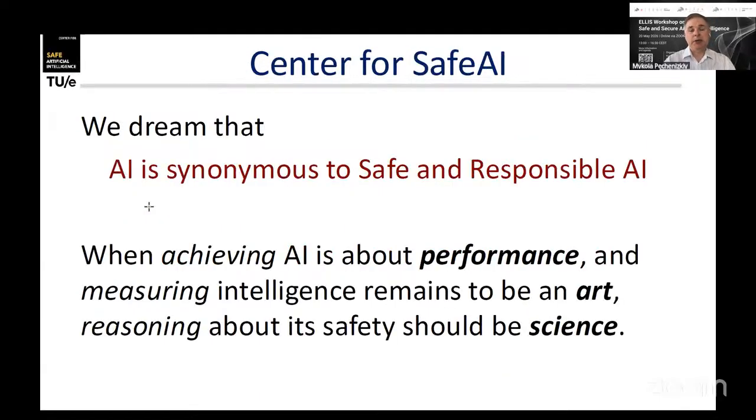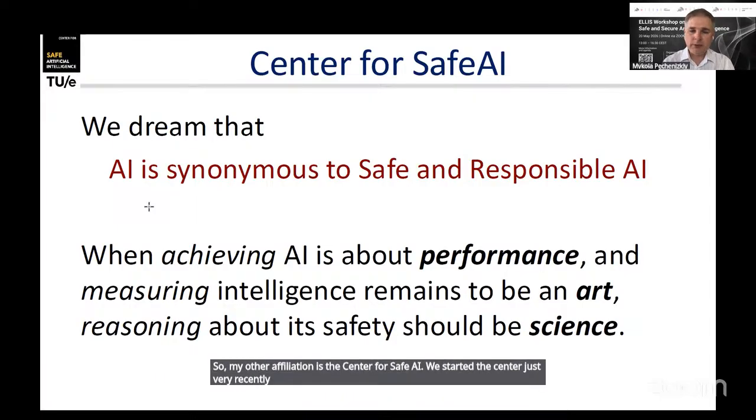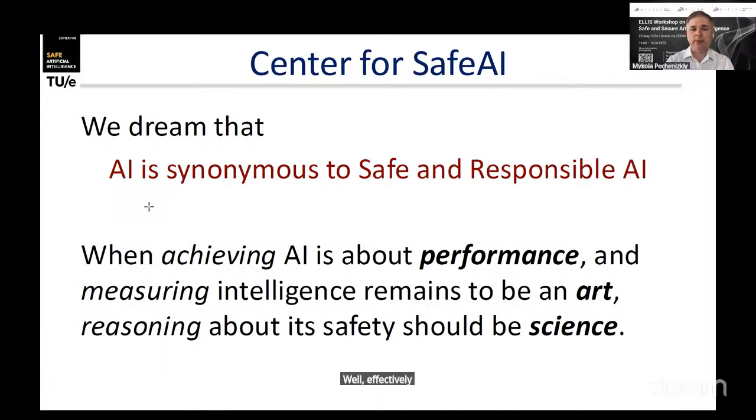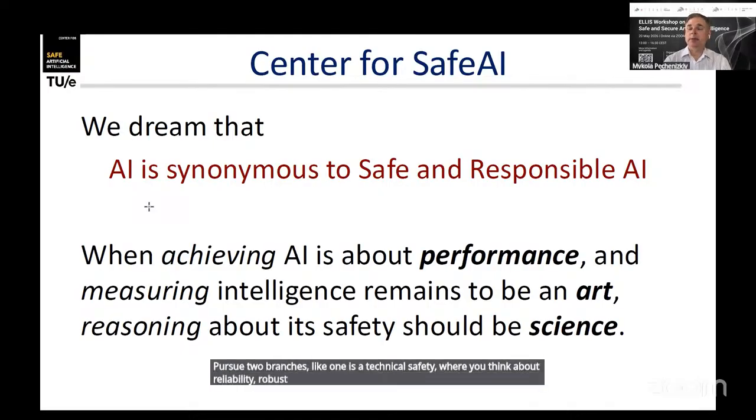My other affiliation is the Center for Safe AI. We started the center just very recently, effectively at the beginning of this year. The goal of the center is to pursue two branches. One is technical safety, where you think about reliability, robustness, and other dimensions of safety on the technical side.